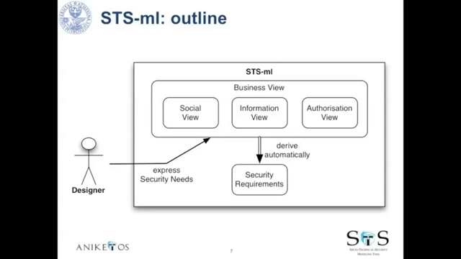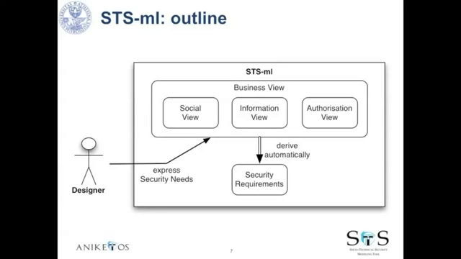Okay. This figure here gives an outline of the modeling language. The language derives security requirements once the other views have been modeled. As I said, we have different views, so it allows for modeling a socio-technical system, concentrating on different views at a time.